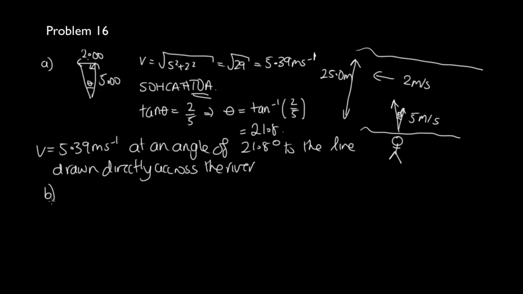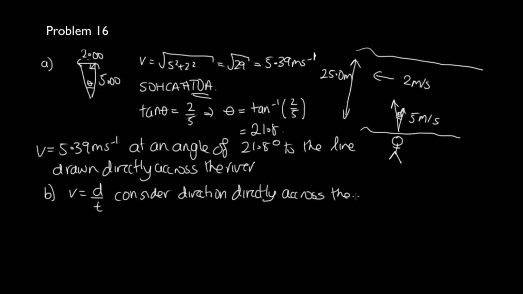Now for part B, we're asked how long does it take your friend to cross the river? And so we know that the velocity is equal to the distance over the time, and what we're going to be considering here is the direction directly across the river.